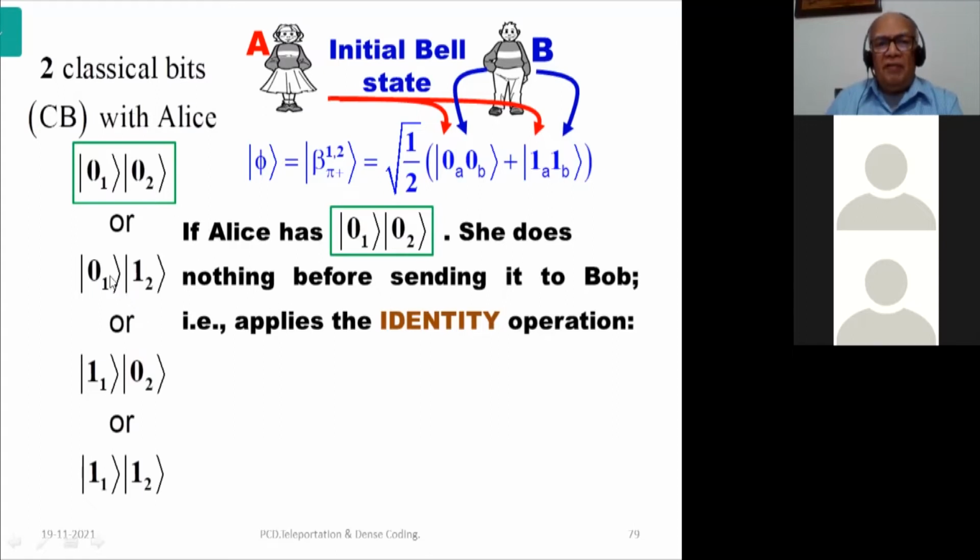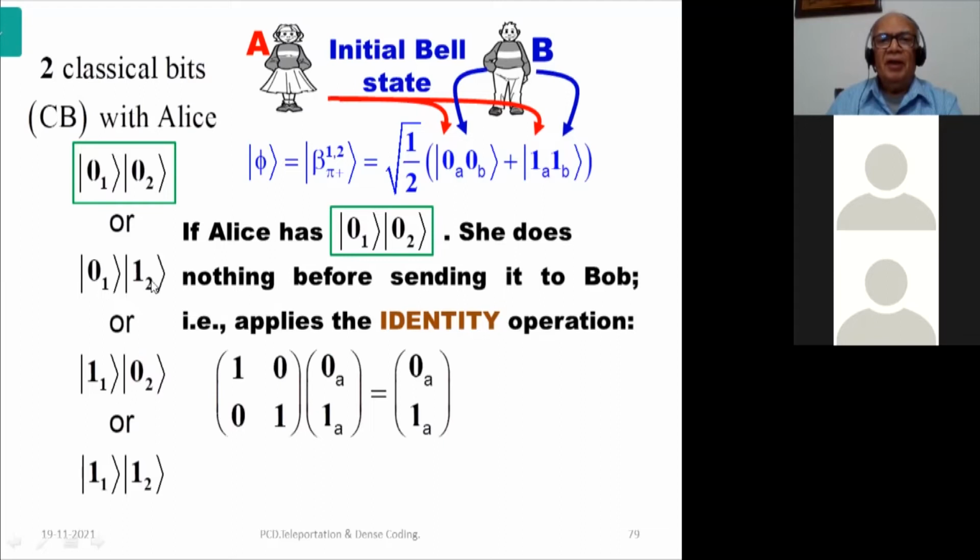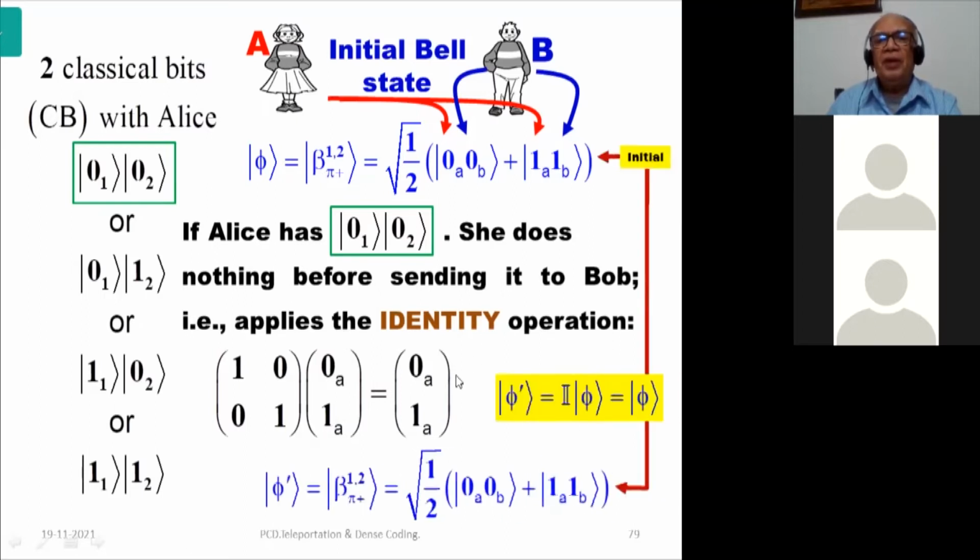She could also have a different pair of classical bits, in which case she could do something else. So if she does the identity, then it leaves the qubit. Her qubit consists of this 0 and this 1, and this qubit remains in the same state. It doesn't get changed because she does nothing. It is like performing an identity operation.